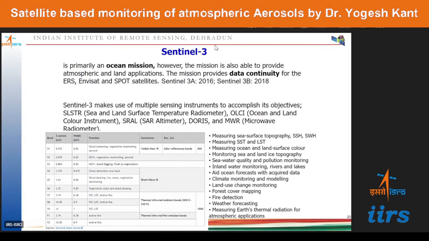Now another mission, the Sentinel-3 mission. Basically it is focused on ocean parameters, but in that, the visible and near-infrared channels are also used to estimate the aerosol optical depth.